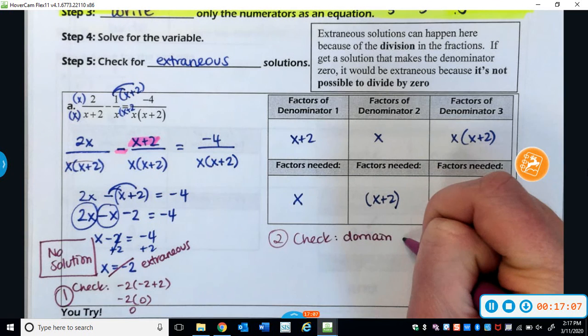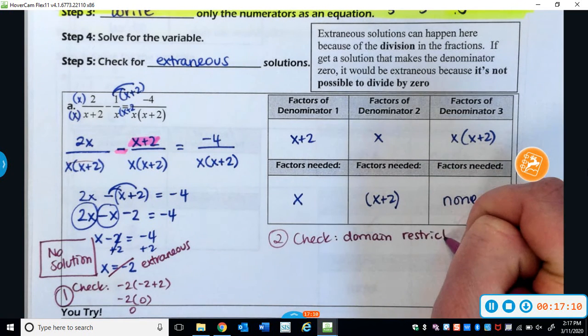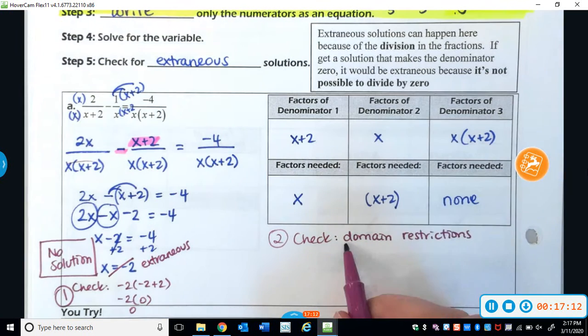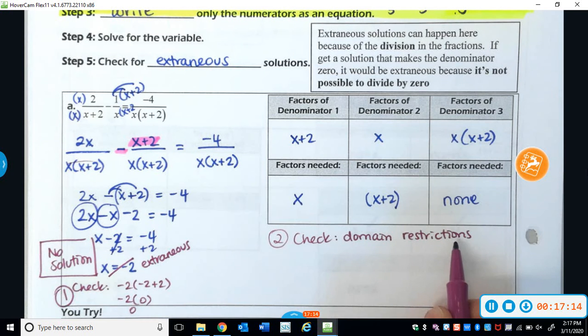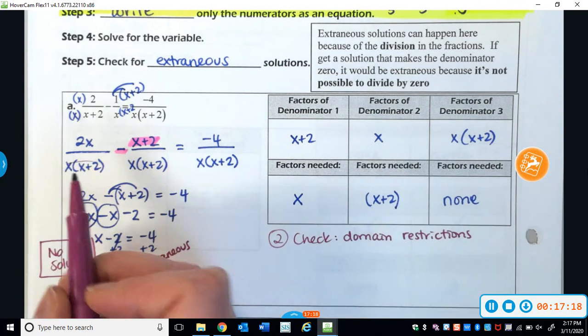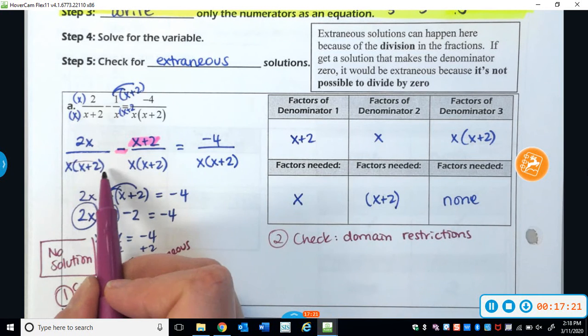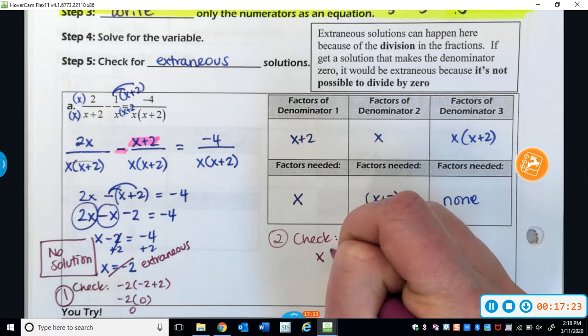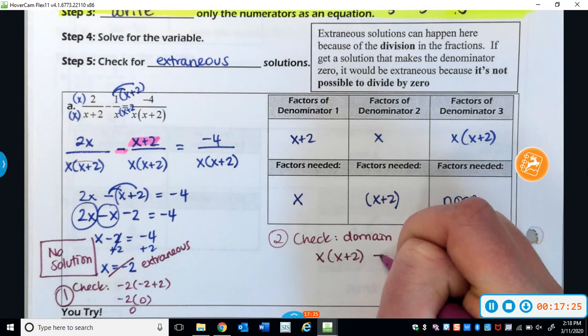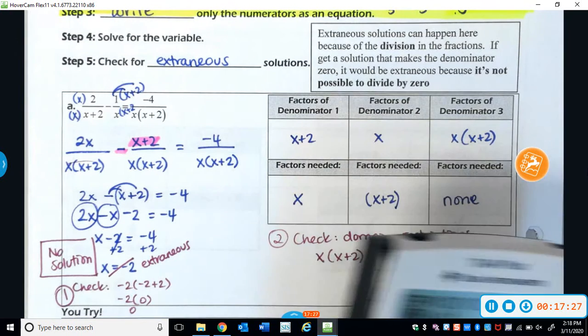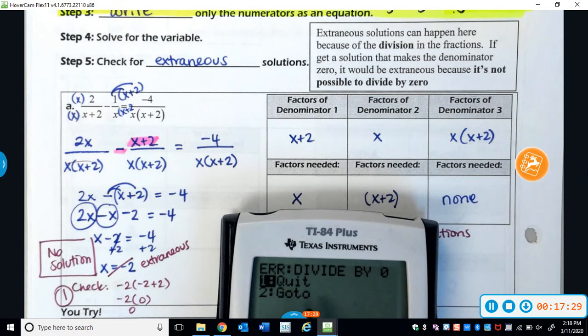And we've done that in a couple of units so far. Domain means x, and restriction means not allowed. So what we're doing is we're just checking which x values are not allowed, because which x values make the denominator 0. So I would just take the denominator and say that I know it's not allowed to equal 0 because dividing by 0, a denominator of 0, isn't possible.